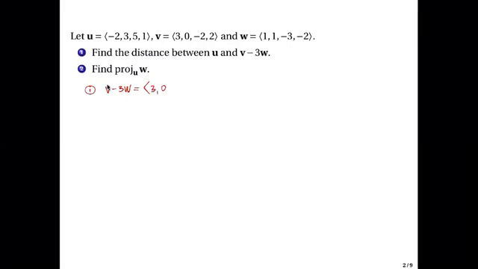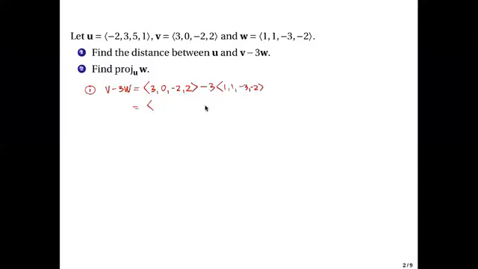You have 3, 0, -2, 2, minus 3 times the vector 1, 1, -3, -2. So let's multiply this -3 to this vector and then combine them into a single vector.